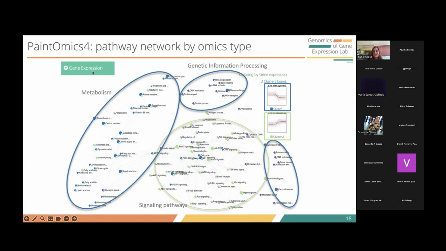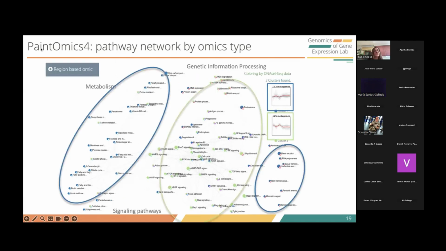And this is for the gene expression, but actually, if we look at this, this was ATAC-seq data, I believe, or DNA-seq data, you see that the pattern is a little bit different, so it's not exactly the same. There is an increase in metabolism regions being more open, which is corresponding to the changes in gene expression.